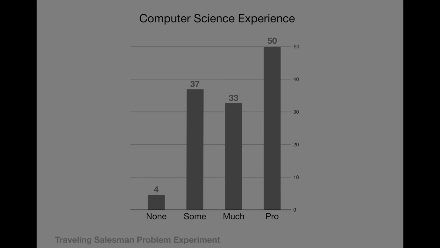So one avenue of future research would be to target people with less computer science experience who are less likely to already know a bit about the traveling salesman problem and therefore be less able to improve in a quick 7 or 8 minute online survey.